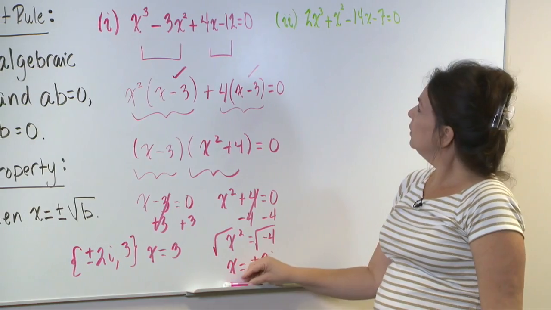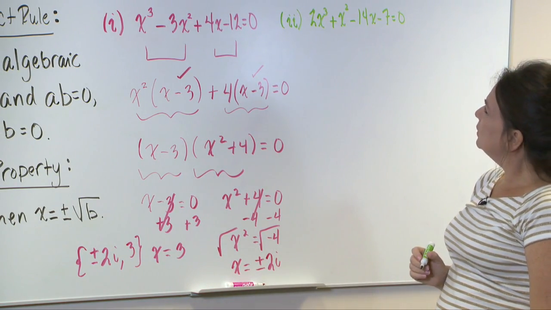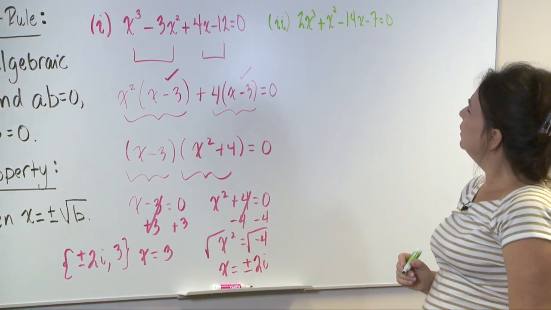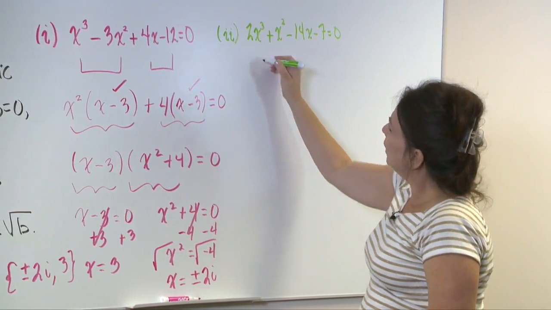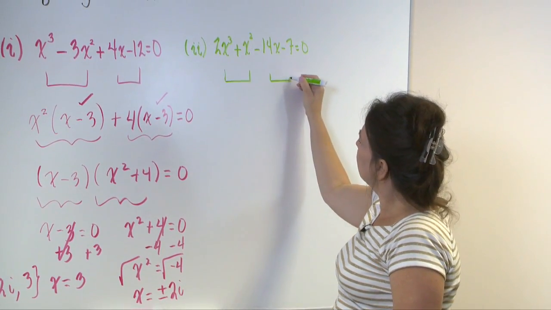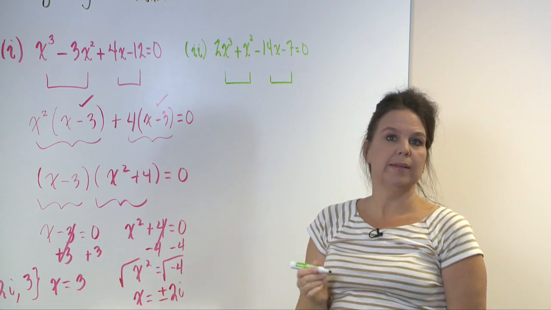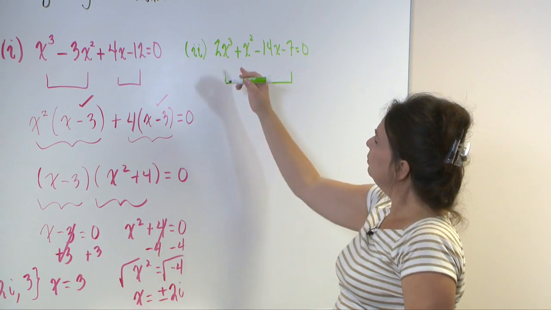Now we're going to come over here and do a second equation. So we have 2x cubed plus x squared minus 14x minus 7. And again, I'm going to factor by grouping. We have four terms, and this is one technique that we may be able to use to factor four terms.